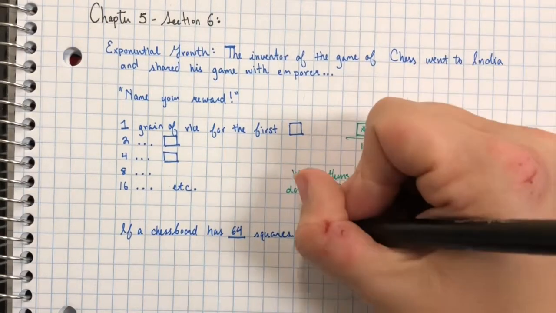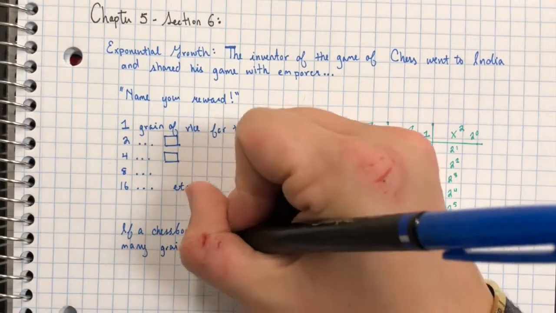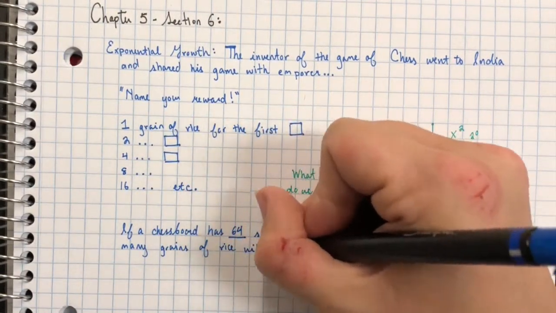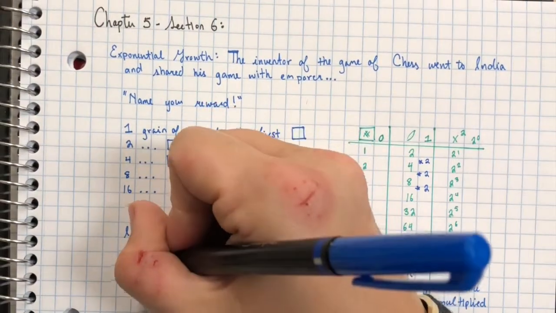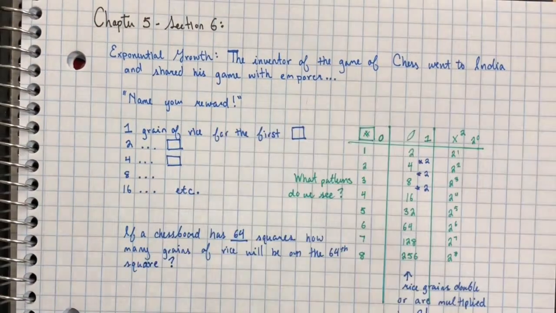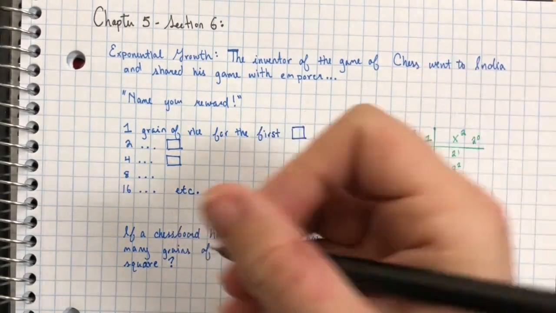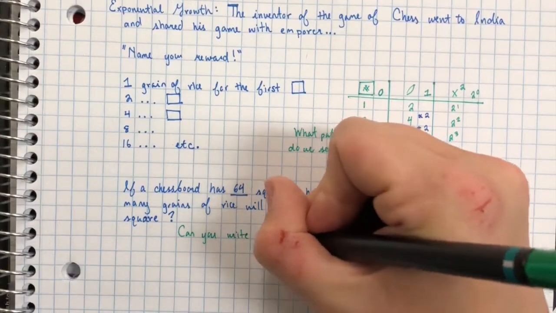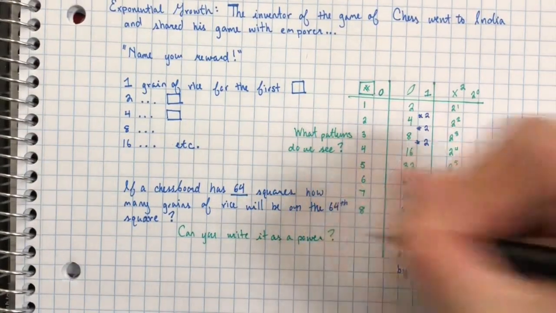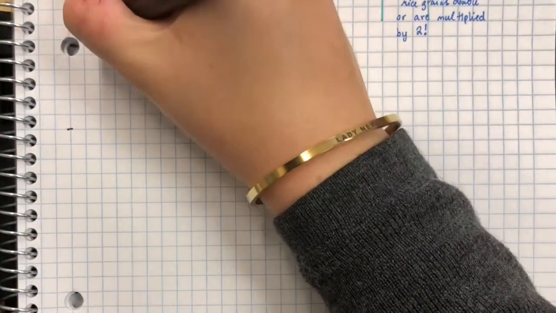So let's think, if a chessboard had 64 squares, how many grains of rice will be on the 64th square? And I would, of course, figure that out by doing 2 to the 64th power. Right? When we think about, can we write it as a power? Yeah, absolutely, we can.